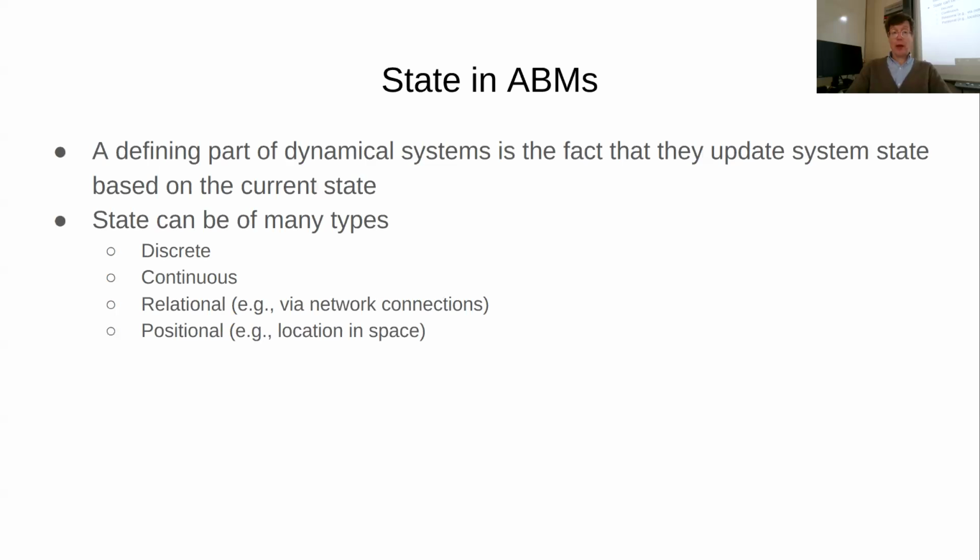Elements of state can also be positional. They're located at a certain point, and that point evolves in time. This is the province of mobility, and it will form the focus of future lectures.